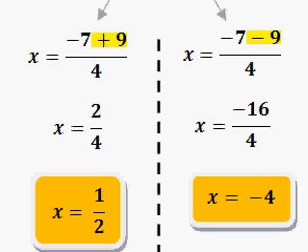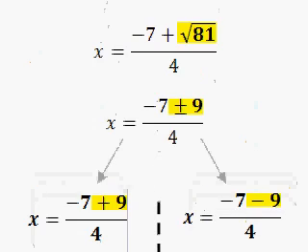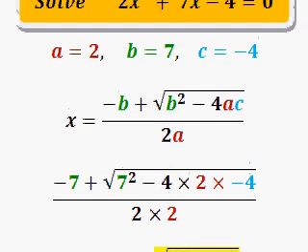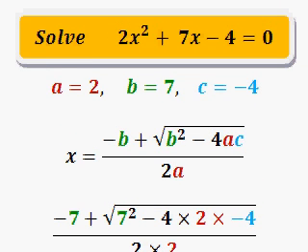I'm going to do a quick review. Let's zoom to the top. We had an equation, we got a, b and c. Just by looking at the equation, we put those numbers into the formula which is going to give us the answer.